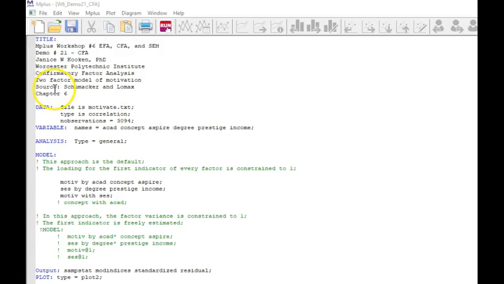I generally take my examples from textbooks or online materials. So this is taken from the Schumacker and Lomax textbook, A Beginner's Guide to Structural Equation Modeling. It's in Chapter 6.